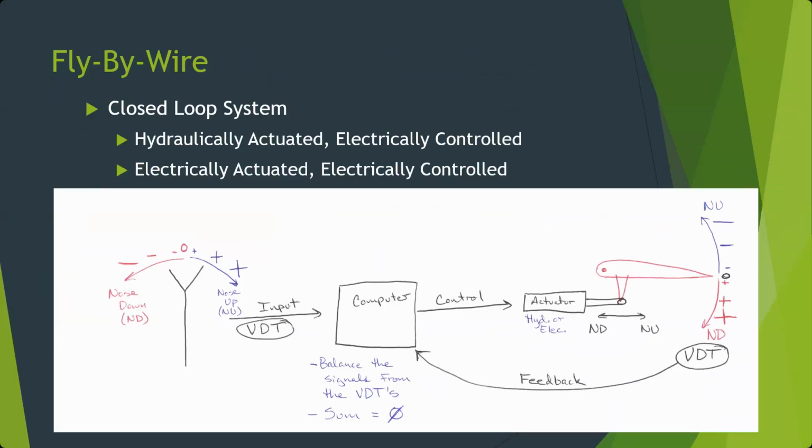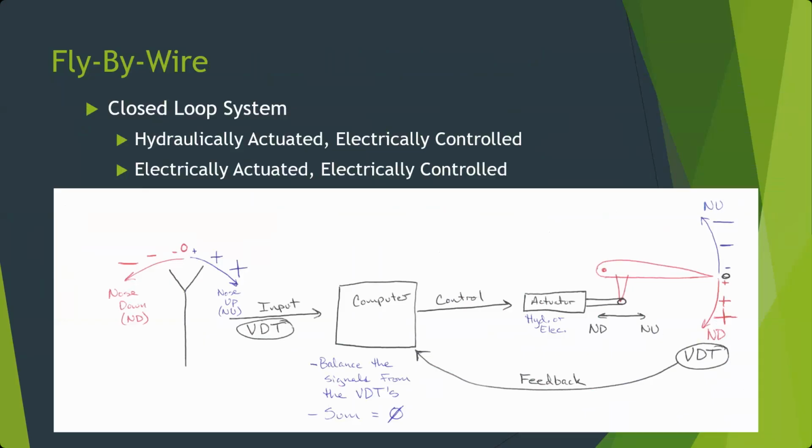Here we have our input yoke, and you can see I'm using positive and negative, right? That can be different magnitudes that we're getting from the RVDT or LVDT. You'll often hear them just referred to as a VDT, Variable Differential Transformer. It doesn't really matter; R or L is purely just packaging.